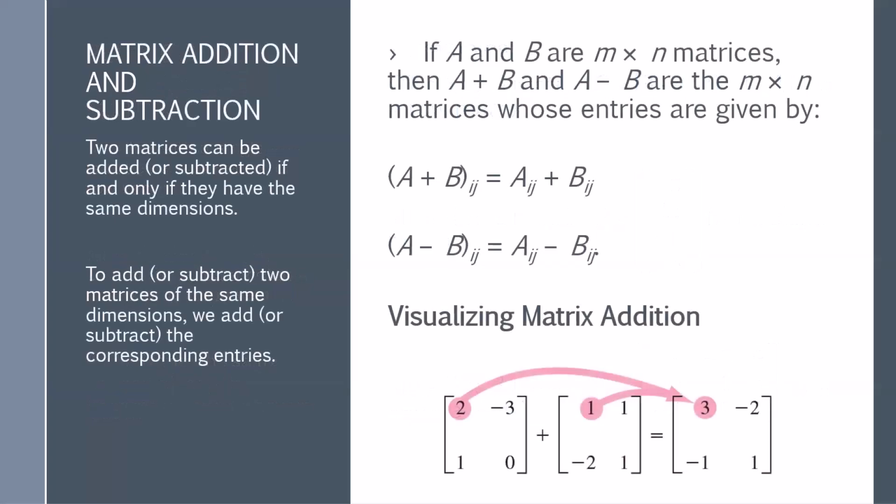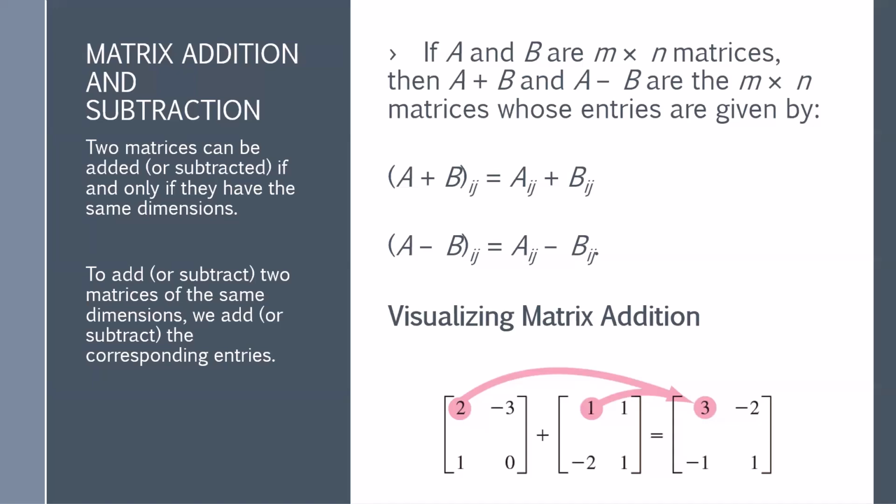We can add or subtract matrices only if they have the same dimensions. Adding and subtracting is done component-wise. That is, if you look at the sum of two matrices A and B, what we're adding is the entries that are in the same position in each matrix.